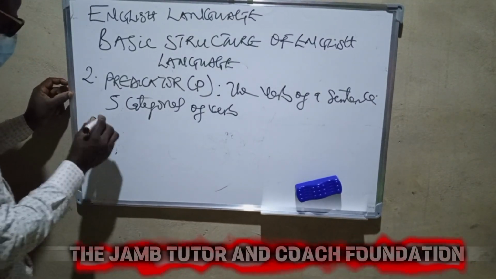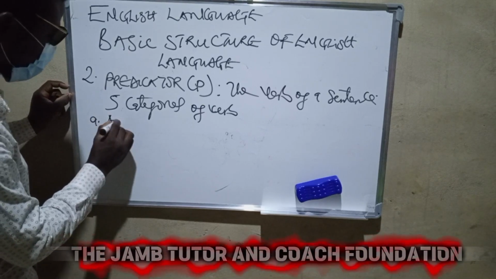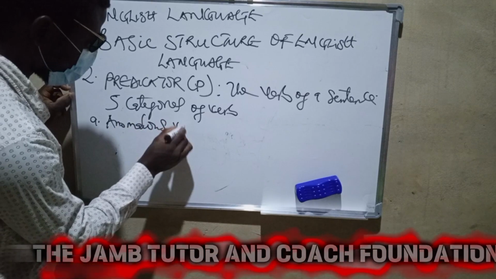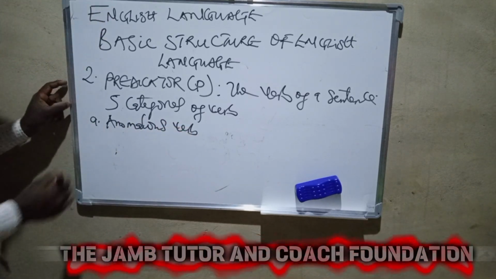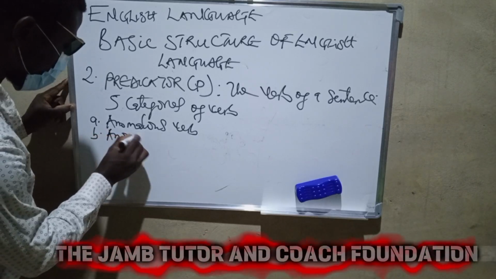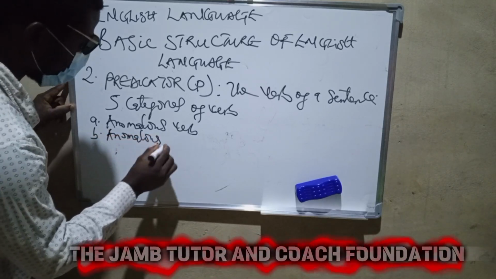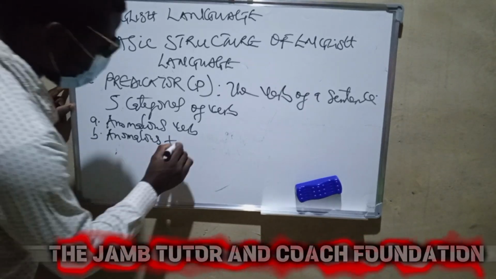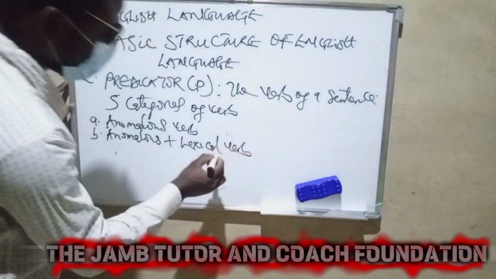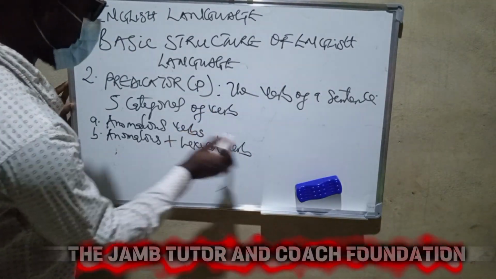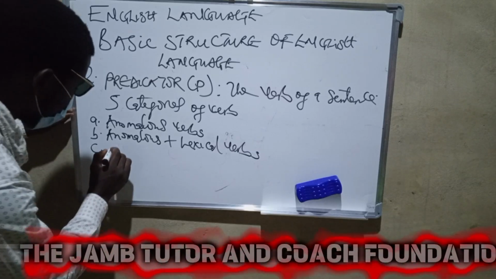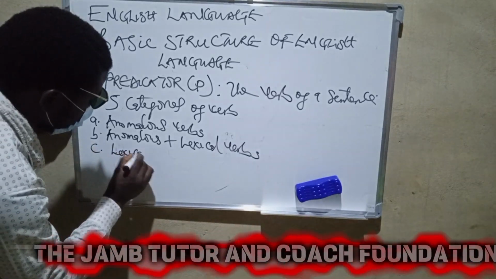Number 1 is anomalous verb. Okay, the second one is anomalous plus lexical verb. The third one is lexical verbs.